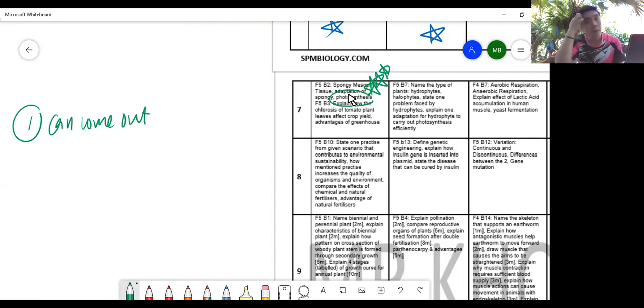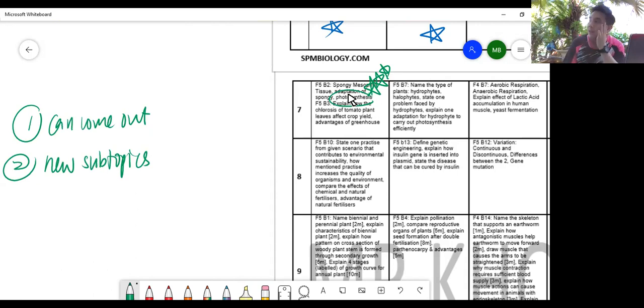Number 2, we have to look at what the new subtopics are. For instance, there are so many, I just pick one.